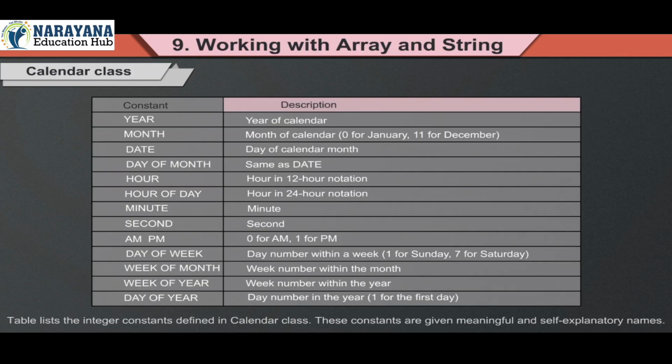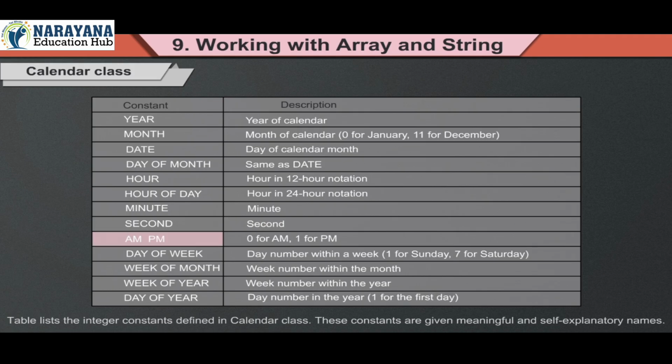Constant HOUR. Description: hour in 12-hour notation. Constant HOUR_OF_DAY. Description: hour in 24-hour notation. Constant MINUTE. Description: minute. Constant SECOND. Description: second.